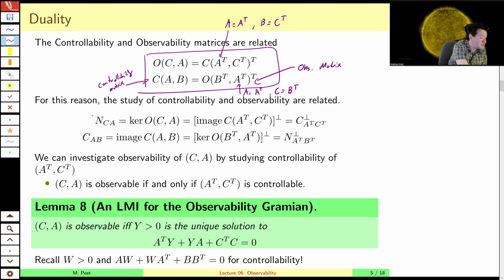So remember, the unobservable subspace is the kernel, the set of vectors which could map to 0, of the observability matrix. And using that relationship I gave on the previous slide, the kernel of a matrix is equal to the perp space of the image of the transpose of that matrix.